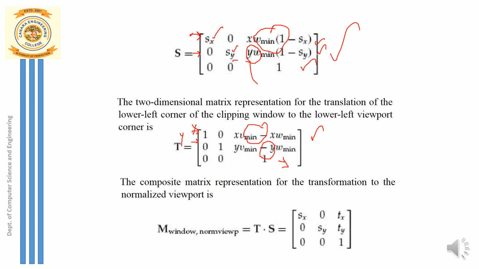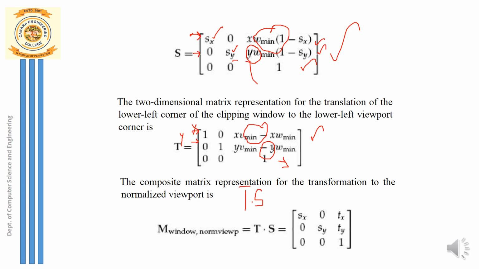So next, the general matrix representation. What is the composite matrix representation? I have to multiply these two matrices in order. In order means I always have to go for post multiplication. First I perform scaling, and then I perform this translation. So this is called post multiplication.